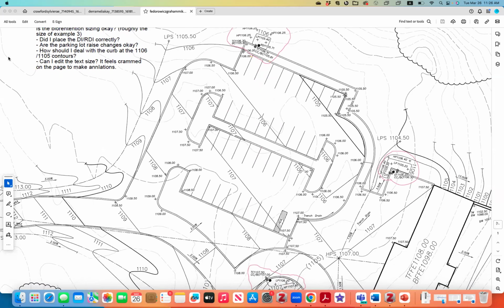So you need a DI there, a DI here, don't forget, okay? And honestly, you need to cut through the sidewalk as well for your retention there. You need to cut through, whichever direction, it's fine. Cut through these. And I'm not convinced this line is correct. Yeah, that's not correct.